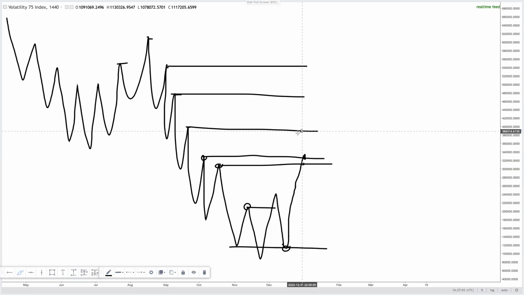Price might even break the third structure and come to respect the fourth structure. And on the fourth structure, price might give us a daily candlestick confirmation. Let's say an engulfing or a doji or a dragonfly, any kind of candlestick reversal in our entry point.